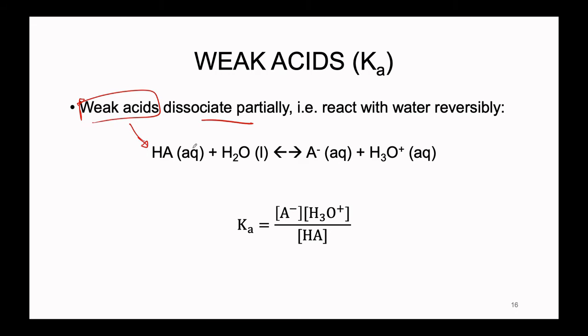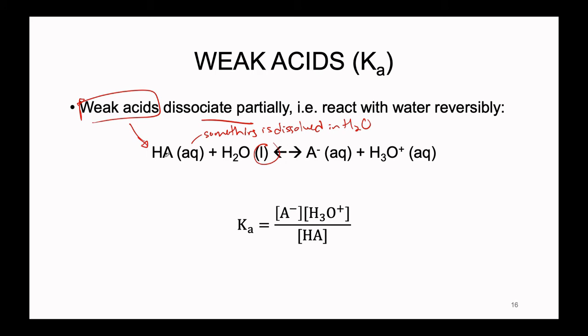What again sets apart aqueous from liquid is that aqueous implies that whatever the species is, it is dissolved in water. So the water cannot be dissolved in itself, hence why the phase here is a liquid.